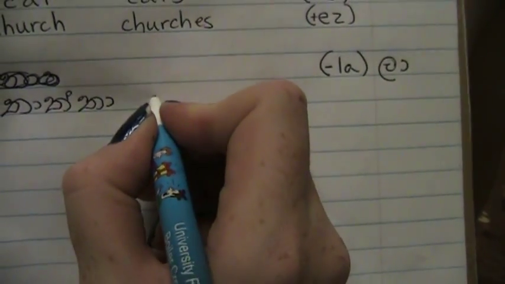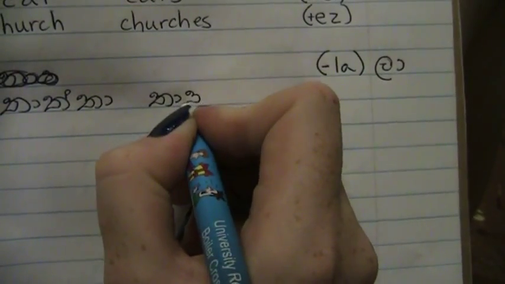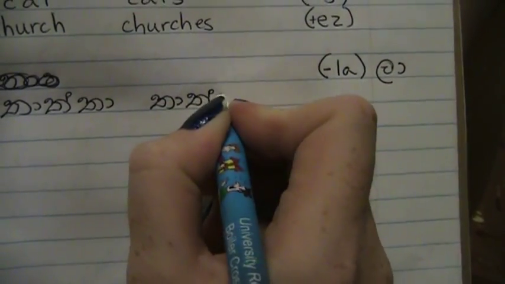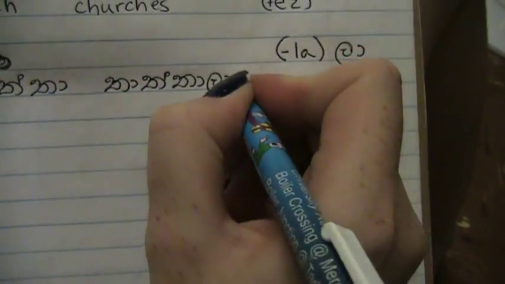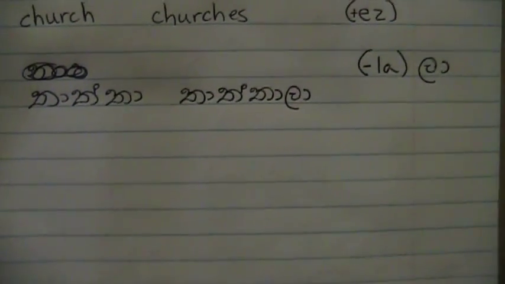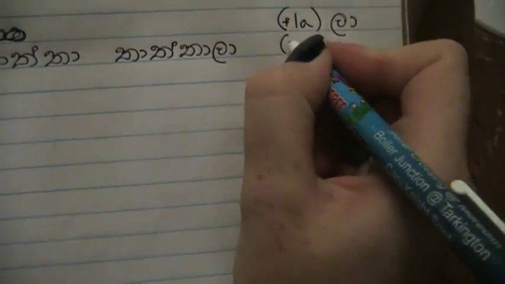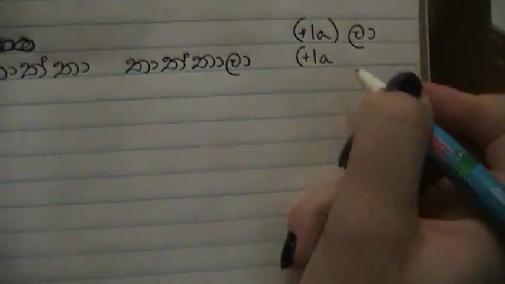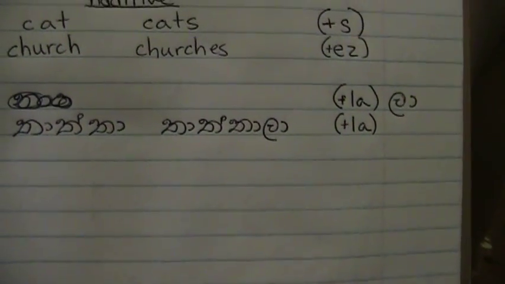The plural for it, tattala. You add la to it. So there is the first of the three additive patterns in Sinhala.